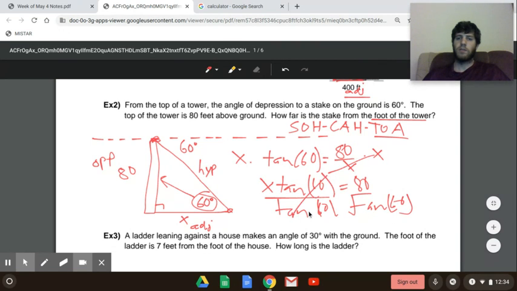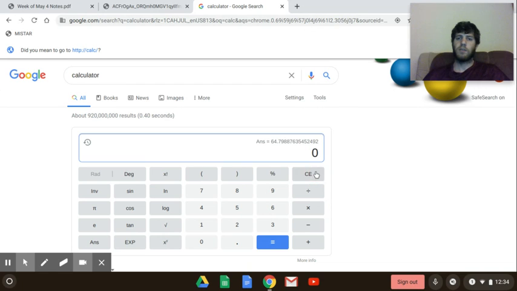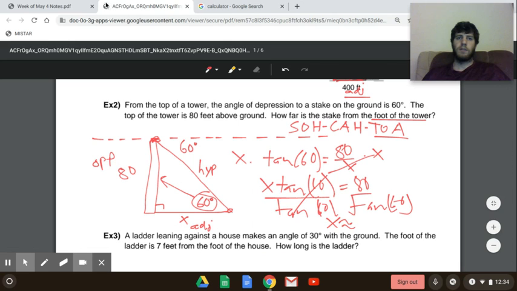Those cancel, and you get x is approximately 80 divided by the tangent of 60. So we go to our calculator. 80 divided by tangent of 60. And you're going to get 46.2 meters, I believe, right? Feet.